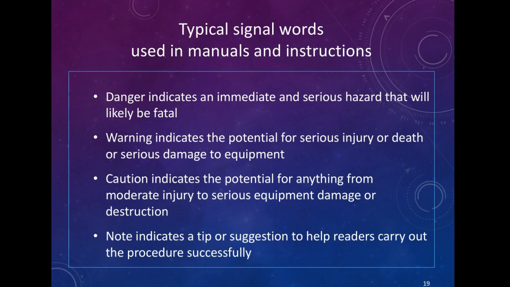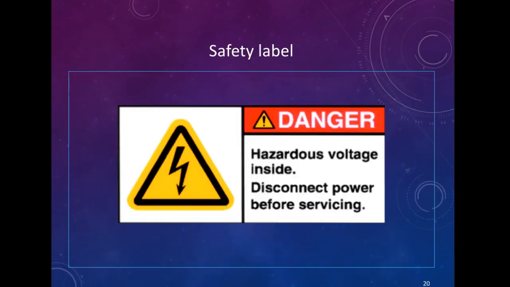Caution indicates that it could be potential danger for anything from moderate injury to equipment damage or destruction. And note is simply a tip or suggestion to help the readers carry out the process successfully. So understand the difference between these terms and use them appropriately.